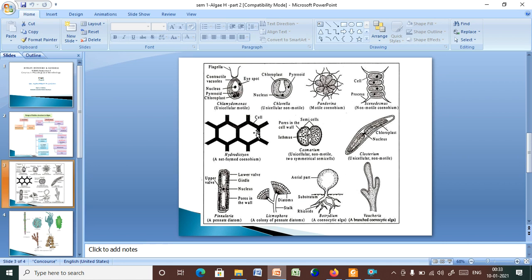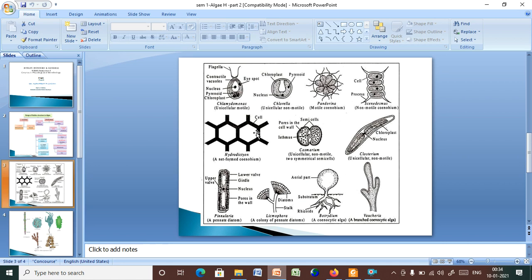Next, the filamentous type, the most important and one of the most diversified forms. In this type, the cells are arranged one upon the other, either in a row or in several rows, to develop the plant body in a filamentous fashion or thread-like structure.